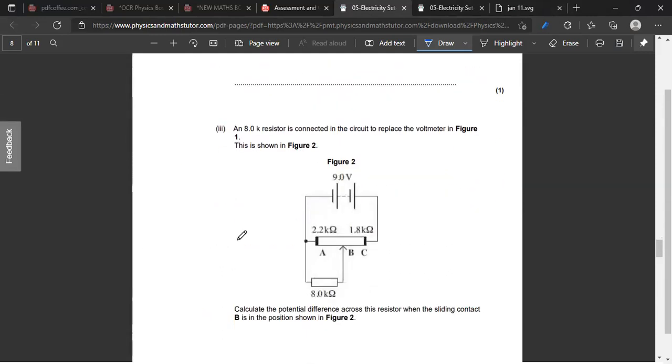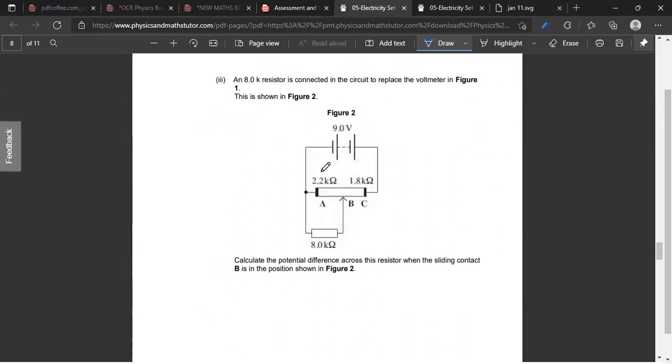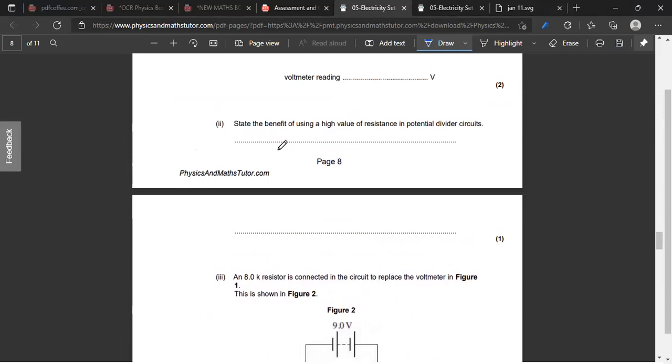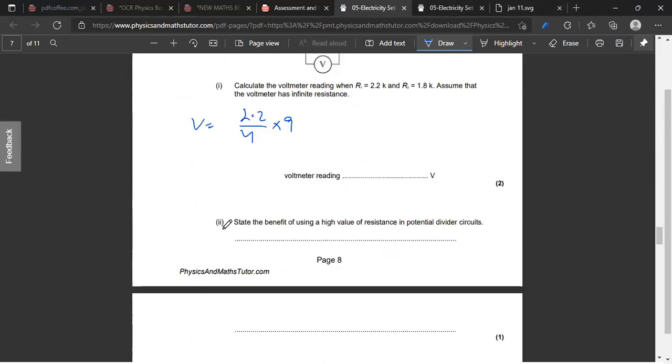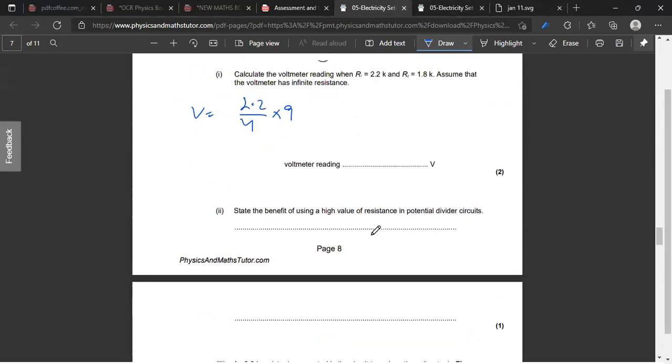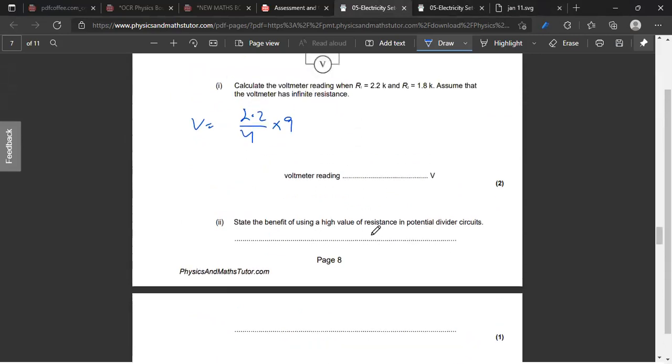And what did you do in part 2? They're saying, state the benefit of using a high value of resistance in a potential divider circuit. High value of resistance means low current because the voltage V is constant.